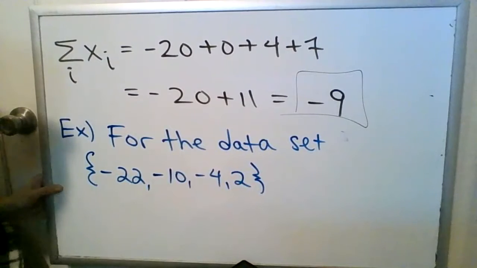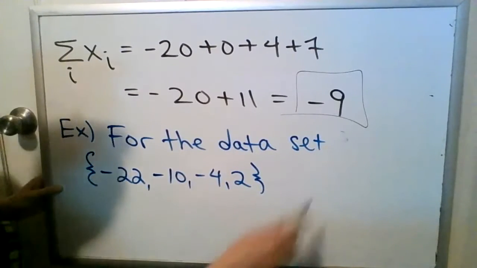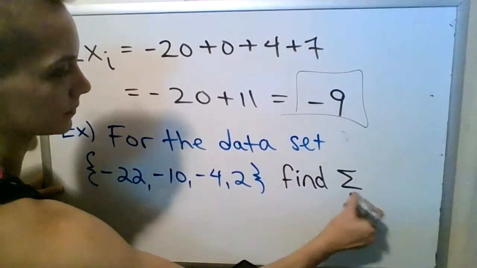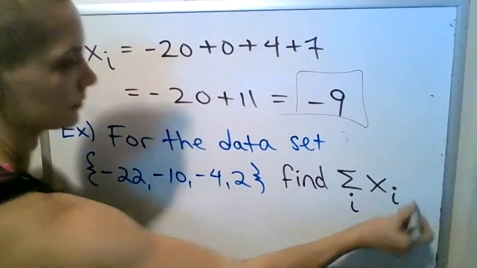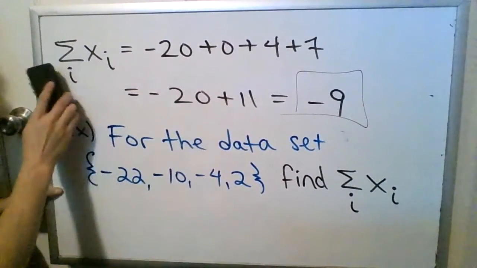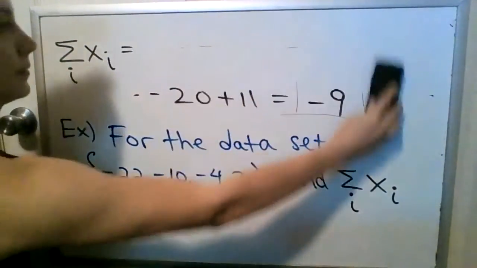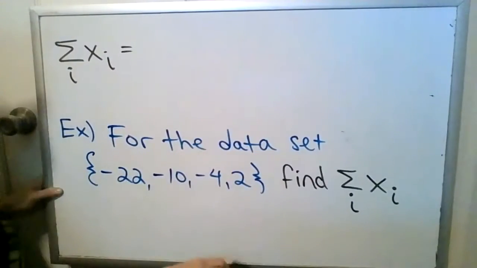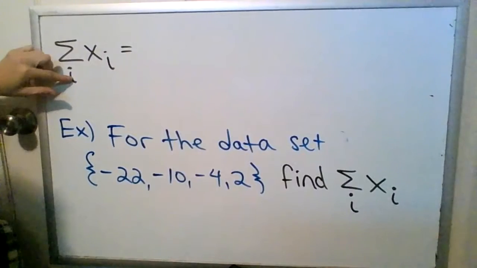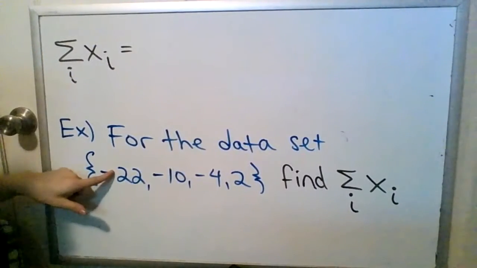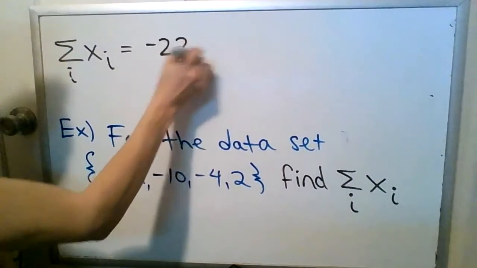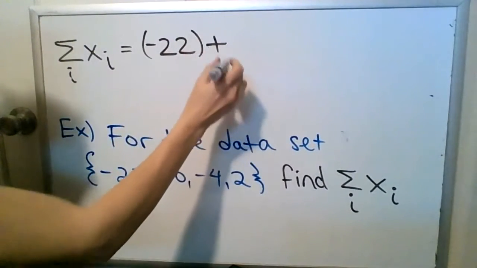Find the sum of all I for x sub I. Okay, so add x sub I for all I, which means take -22, add -10, add -4, and then add 2.